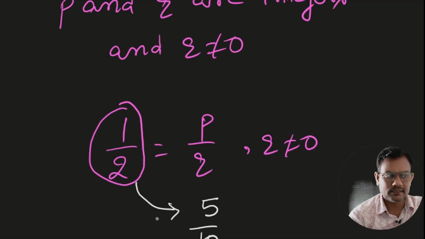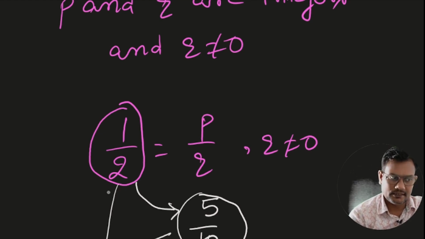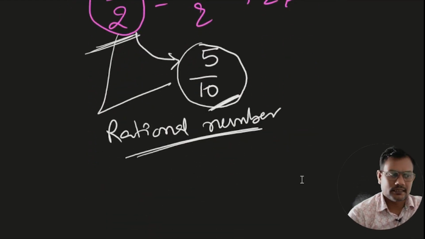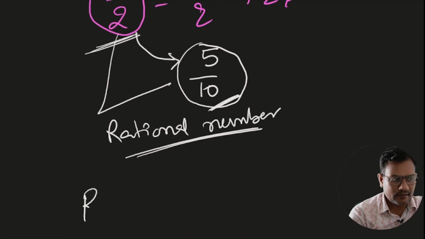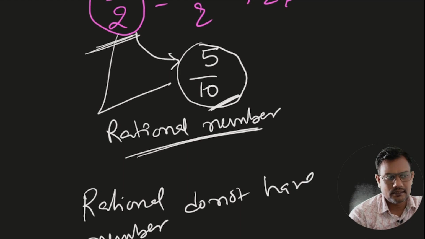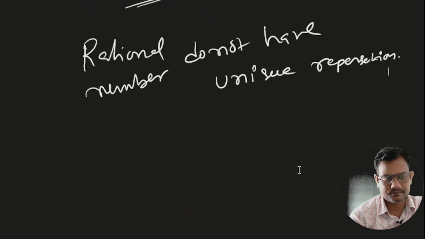That means both are rational numbers, but 1 by 2 is written as 5 by 10. That means rational numbers do not have a unique representation, right?